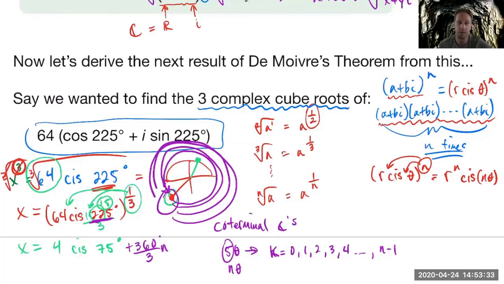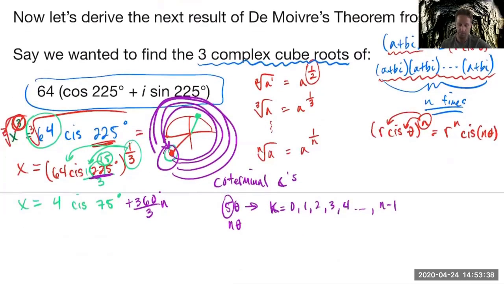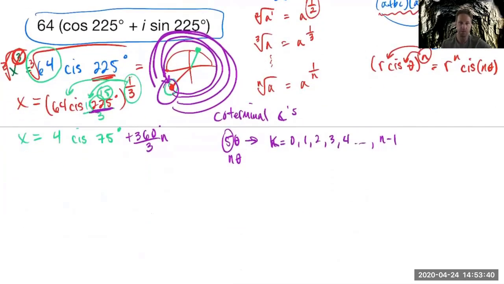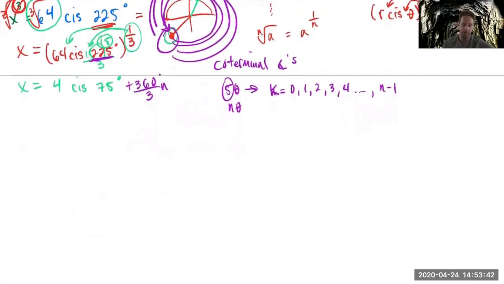So a lot of similarities here. That's what we're going to be dealing with for De Moivre's theorem, all right, is simply doing a lot of the same things. But instead of calling these x's, we're going to use z, all right, in order to find the number of roots. And in order to do that, we will take our r cis theta, we call it polar form or trig form, and we will raise it to the 1 over n.